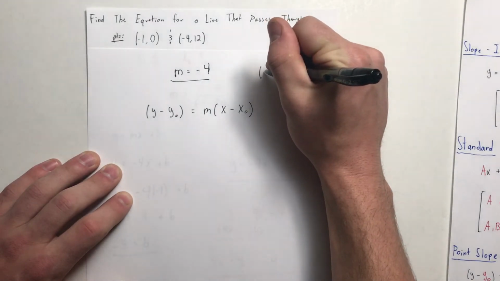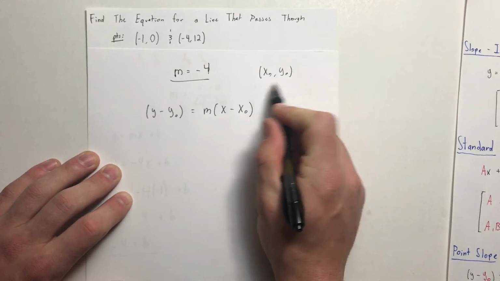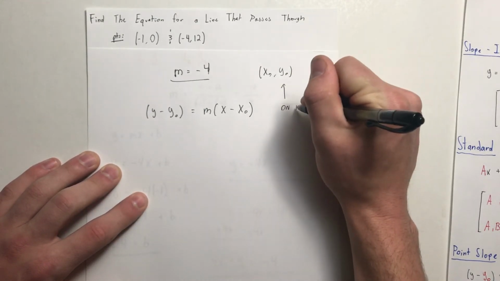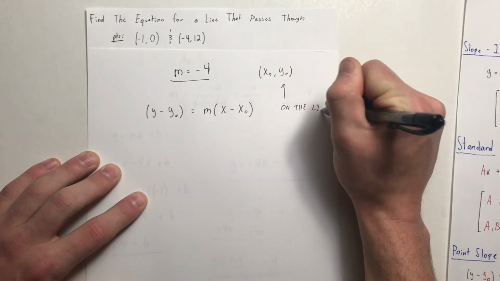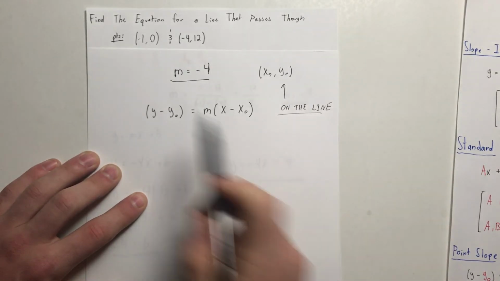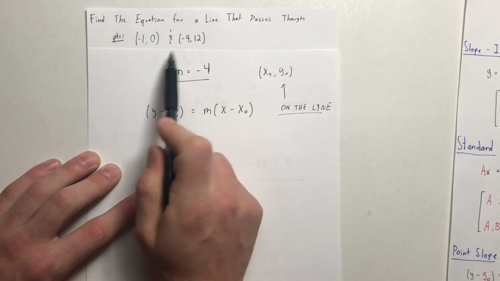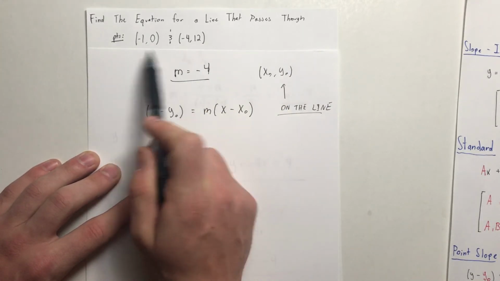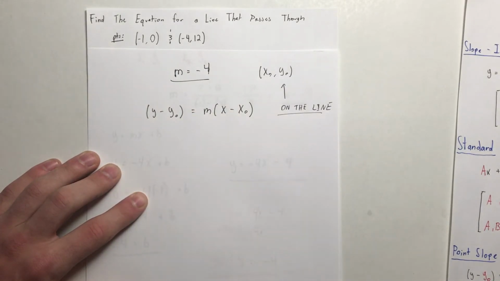So this coordinate x naught comma y naught, the only requirement for this is that it has to be on the line. So in the original statement of this problem, we know that these 2 points here are going to be on the line. So we can pick any of these points and plug them in for x naught and y naught, and then we already know what our m is.